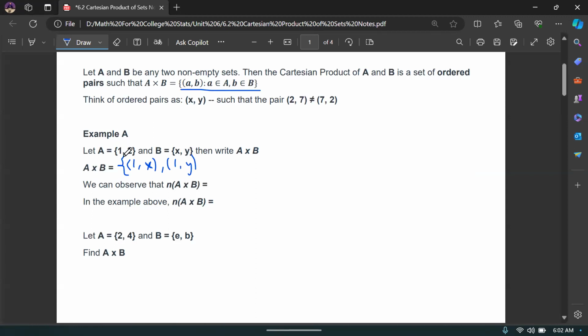So again, we're pairing each element of A with each element of B. So 1 goes with the X, 1 goes with the Y. So 1 goes with each part of B. We also have to keep doing this for the 2 because 2 is also part of A. So (2, X) and (2, Y) as the ordered pairs as well. And that's going to be the end of that set. So each element of A paired with each element of B. It's really that simple. It's not really too much more complicated than that.